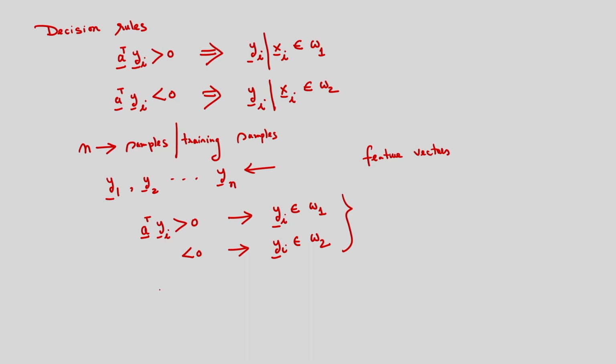So what we can consider is A transpose yi. Here we are considering two conditions for classification, but I want to make only one condition. So A transpose yi is greater than 0. We will consider this condition, and we do not look at the label of yi. That is the single condition.